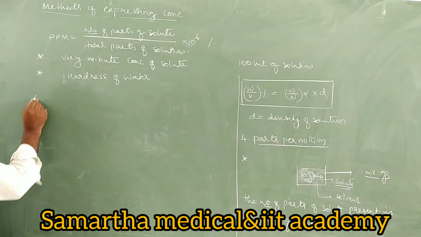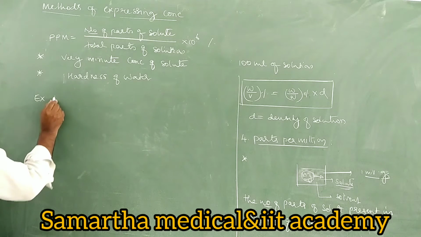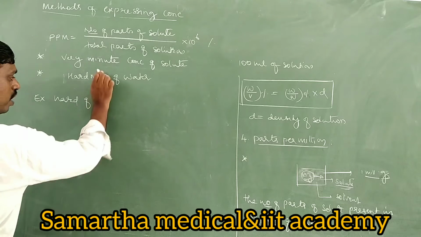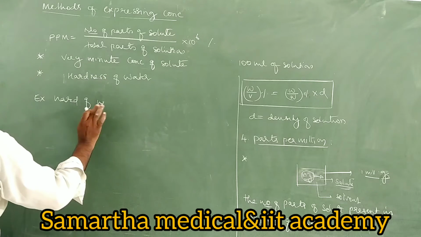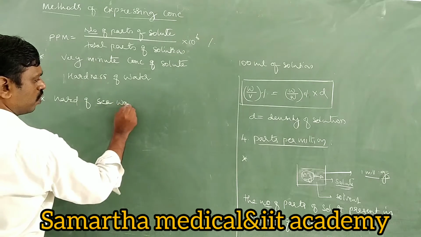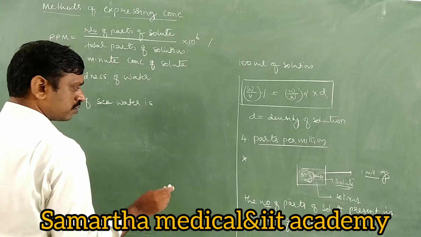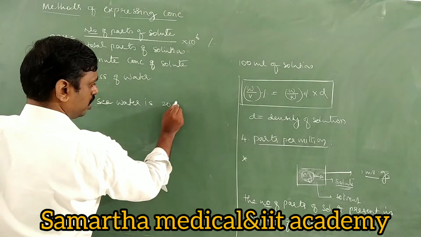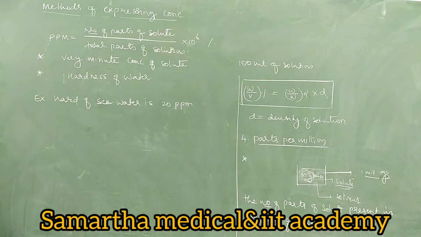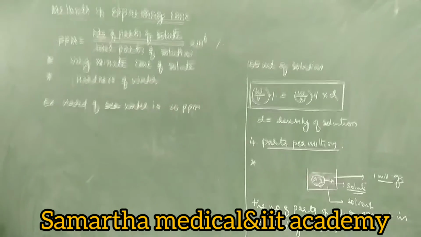For example, let us take the hardness of well water or sea water. Suppose the hardness of sea water is 20 ppm. If the question is given like this, what is the meaning of 20 ppm?